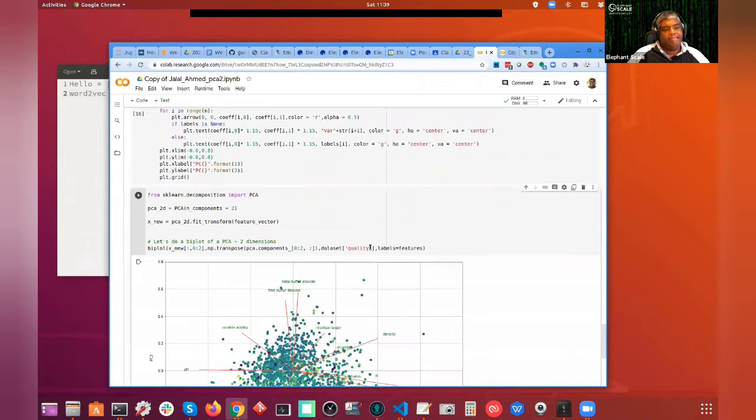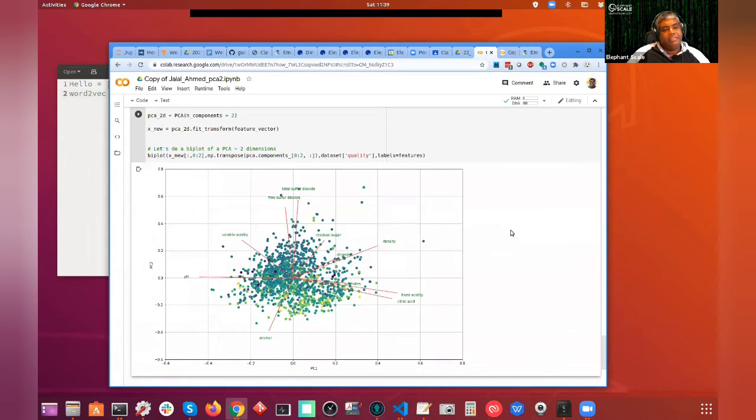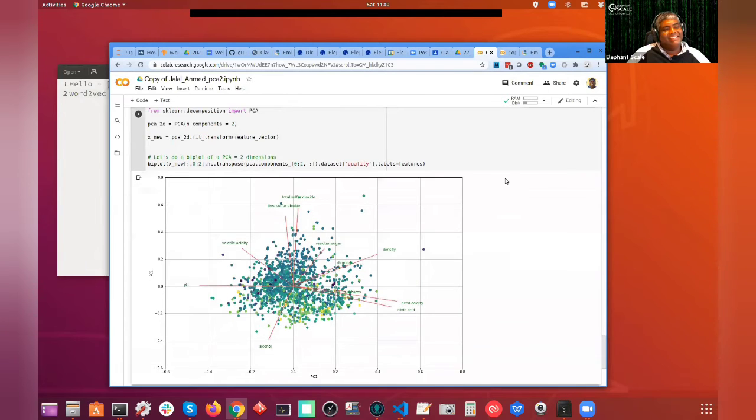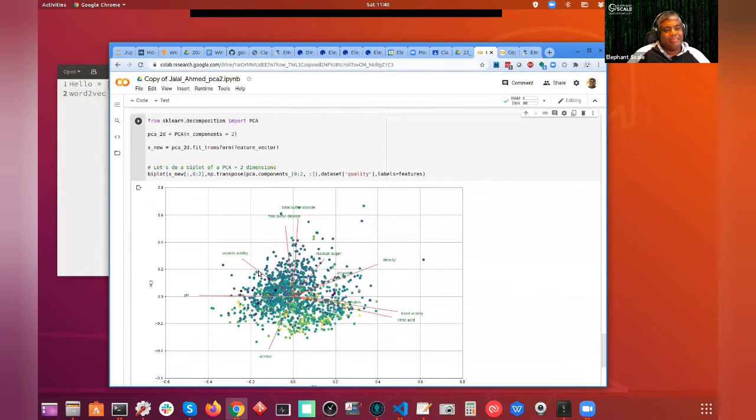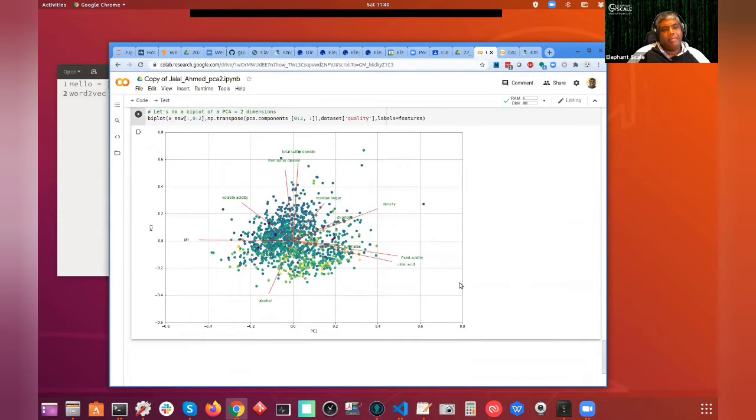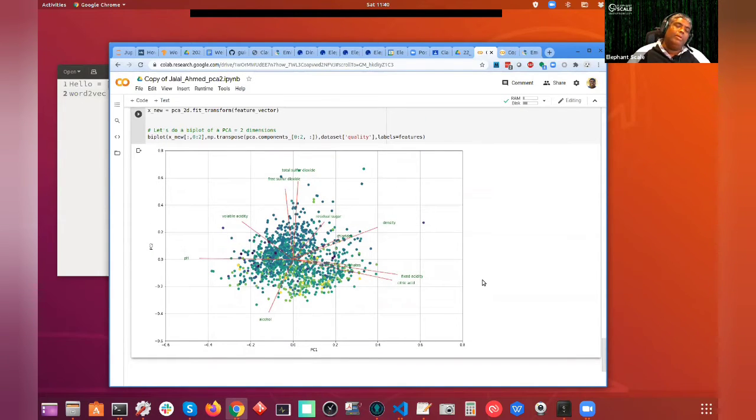Oh, cool. So sometimes this can be a little hard to explain, right? Typically when you do axes, we'll do X and Y. But here my X and Y is my first axis, PC1, principal component 1, and then principal component 2.